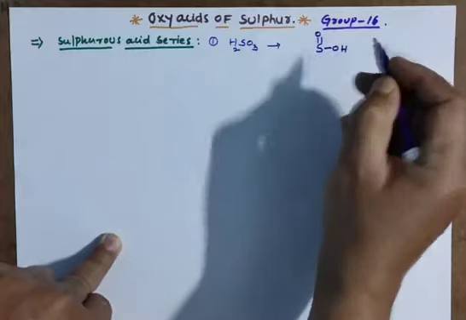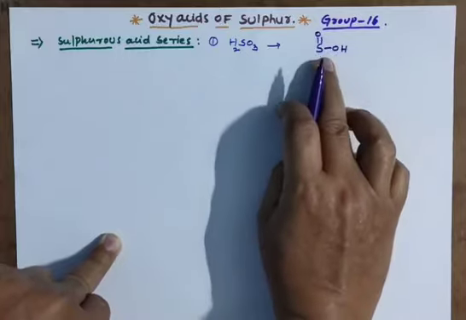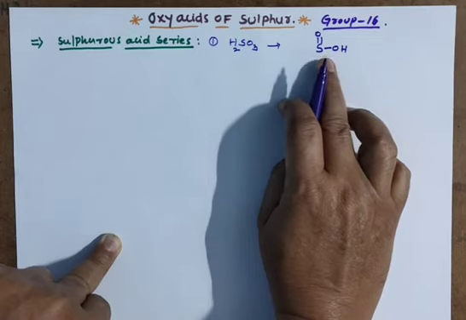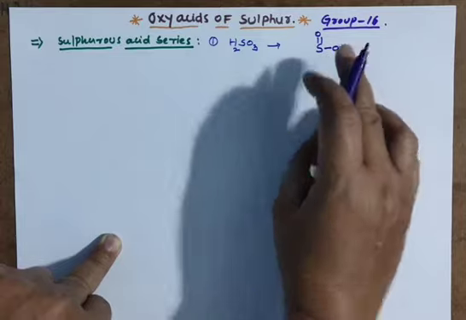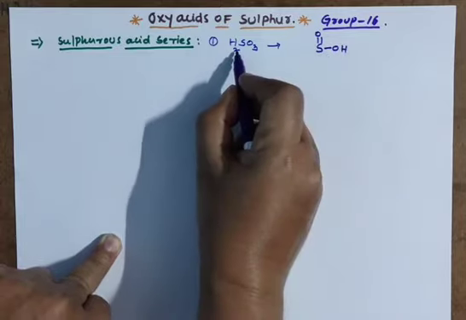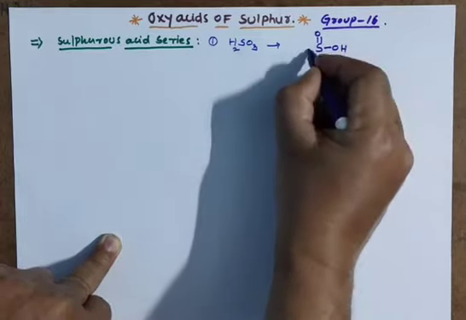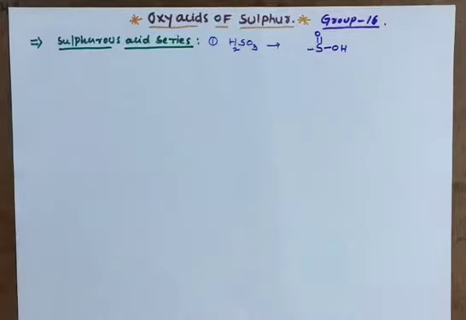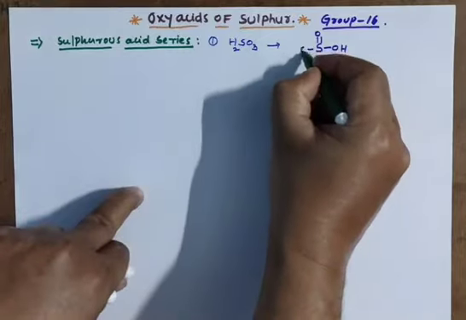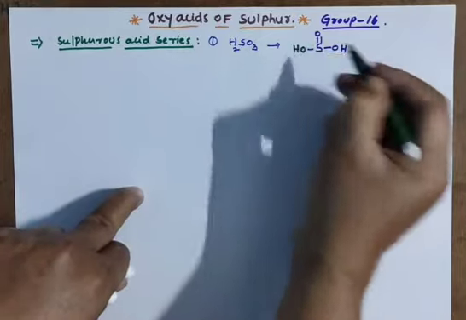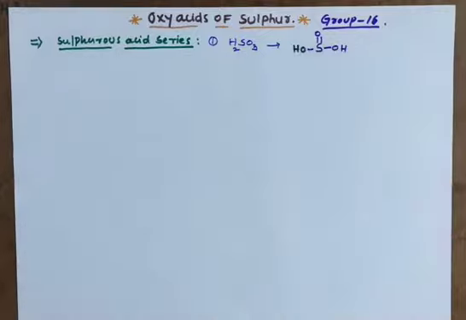This is the basic unit for every oxyacid of sulfur. Remaining is one O and one H, which you add here as OH. So this is the structure of sulfurous acid.